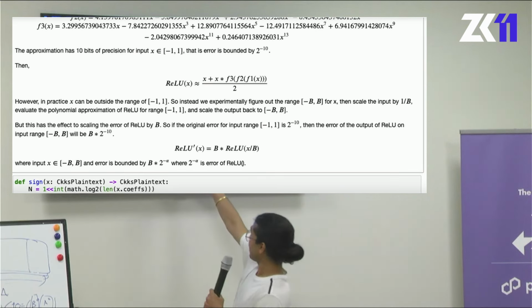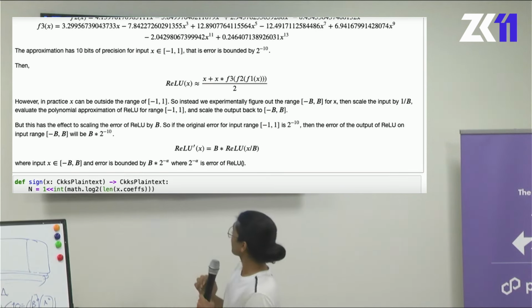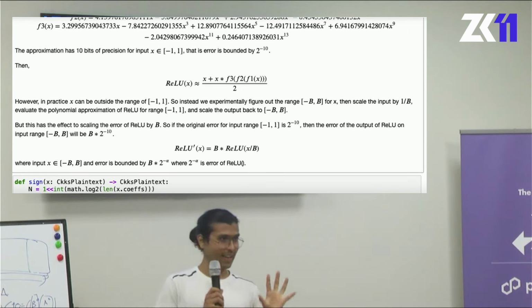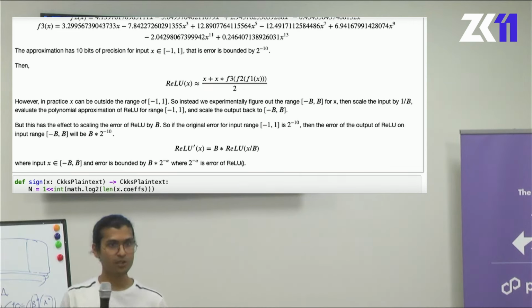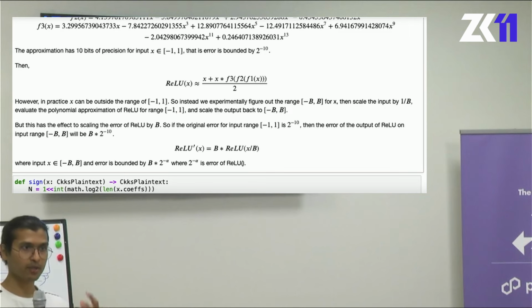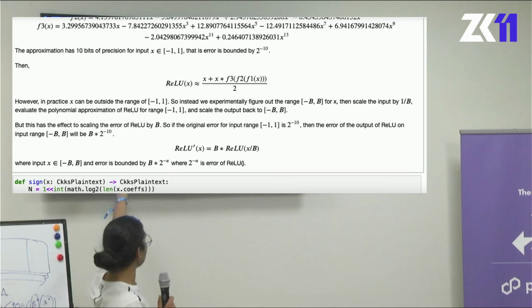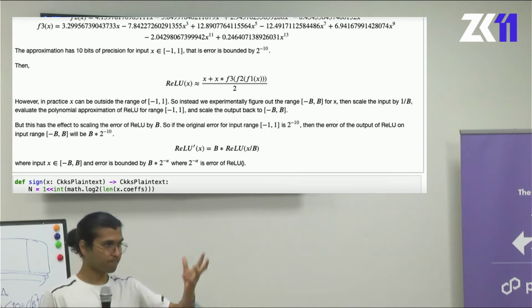Instead of evaluating this function directly, we first experimentally determine what the input range is. We determine with a lot of tests what the input range is, and we set -b to b as the input range, right?